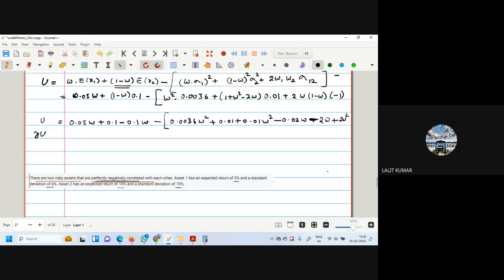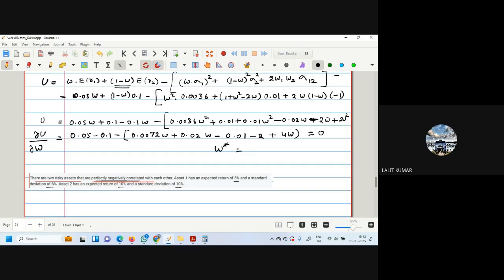Now you can take the derivative of this with respect to W. We get 0.05, this is 0, this will become minus 0.1, this will become 0.072 W, this is 0, this will become 0.02 W, this will become minus 0.01 minus 2 plus 4 W. This is equal to 0, and then you can find the W star.